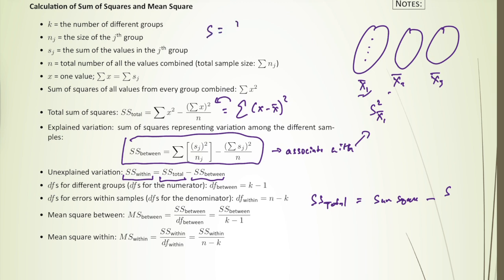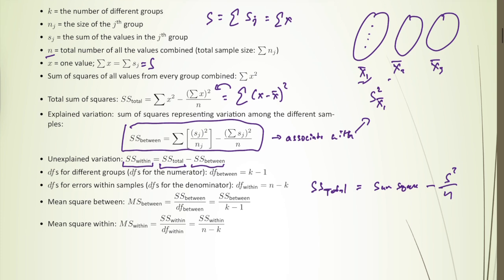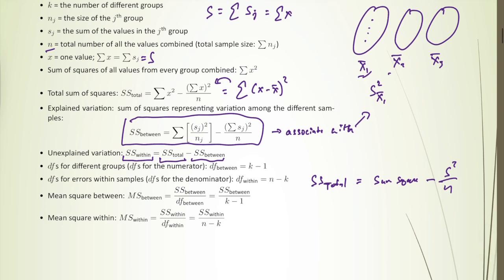S equals the sum of the individual sums. This thing right here is S. So you take S squared and you divide it by N, which is the total number. All right, so that's SS total.